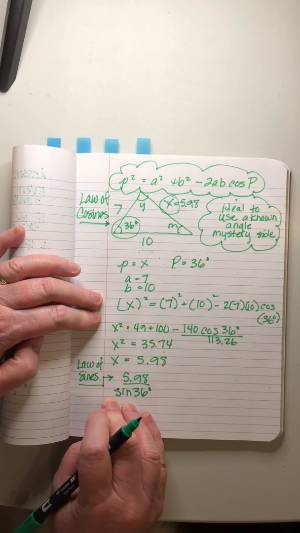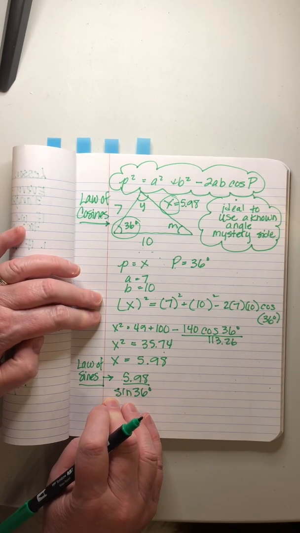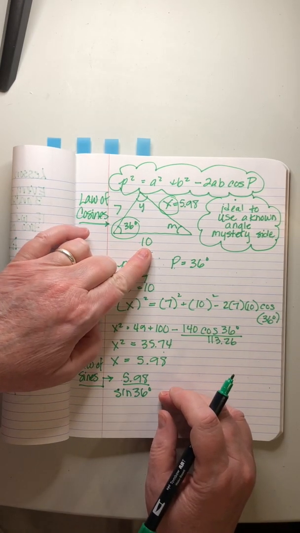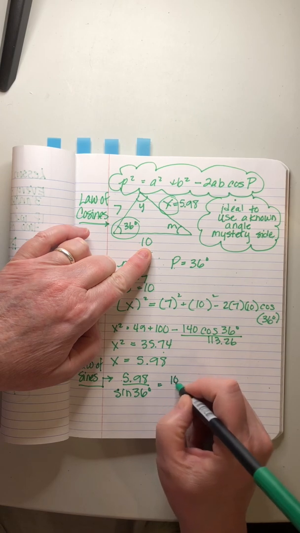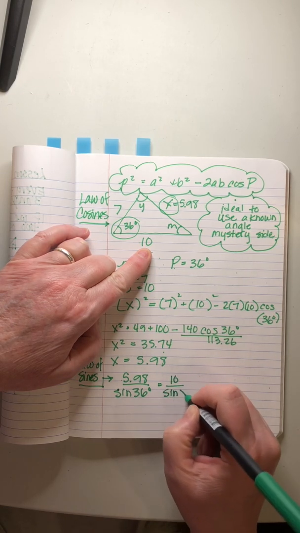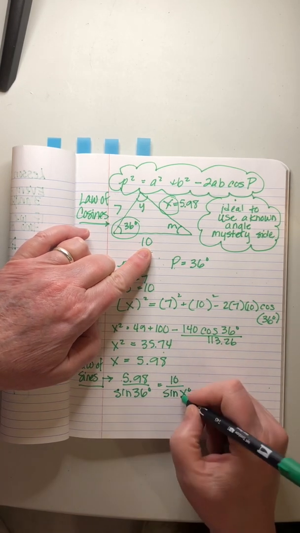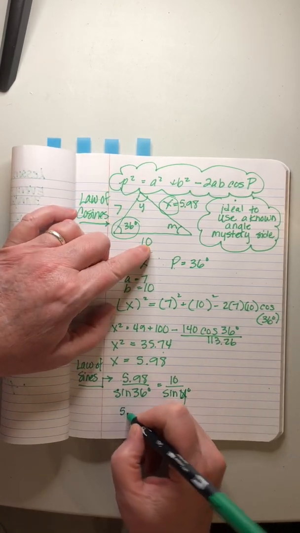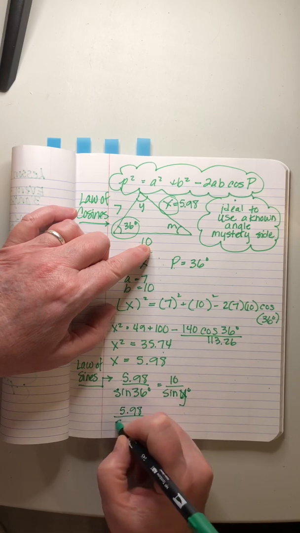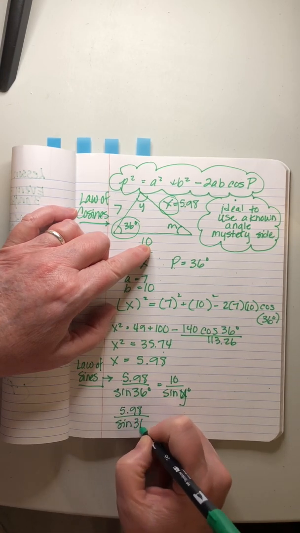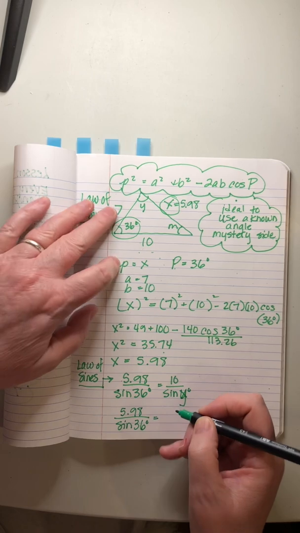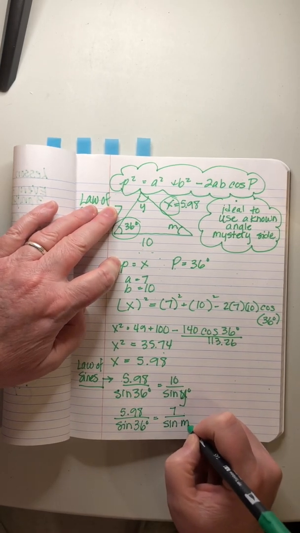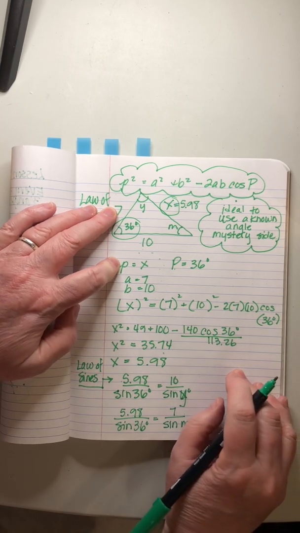Okay, and I will show you both calculations. Let's do it for this one. It'll be 10 over the sine of y degrees, because that's the matching pair. And then we'll use it again: 5.98 over the sine of 36 degrees equals 7 over the sine of m degrees.